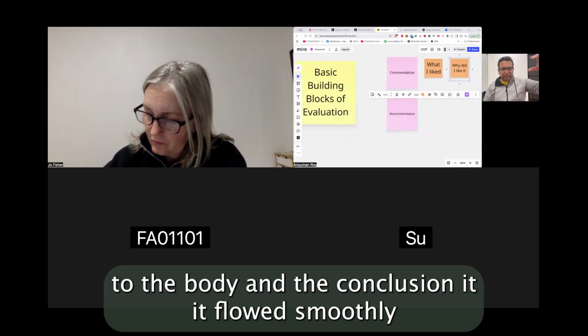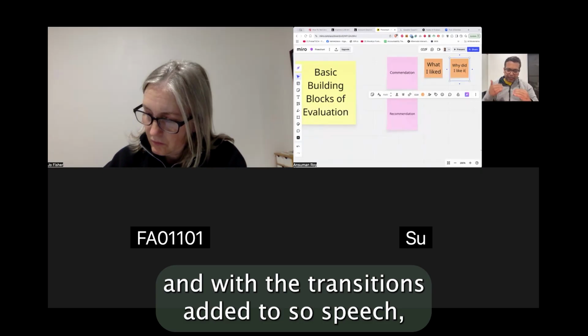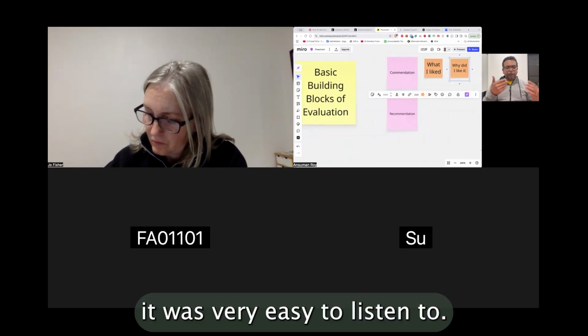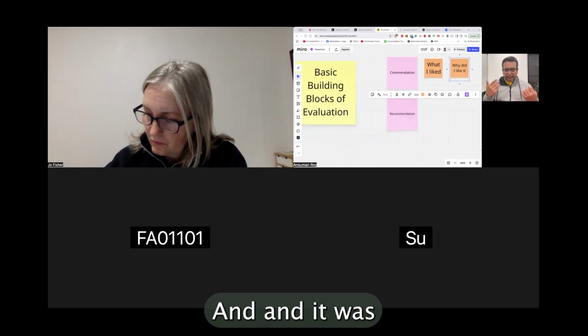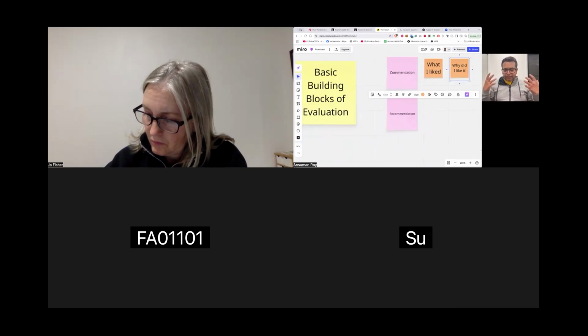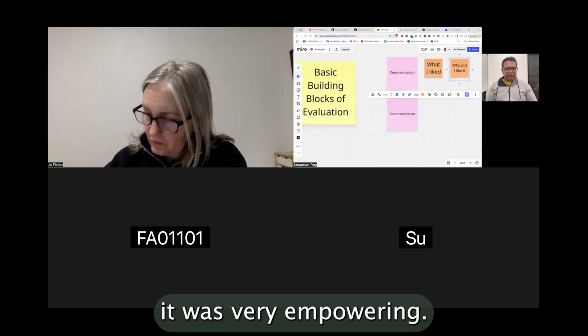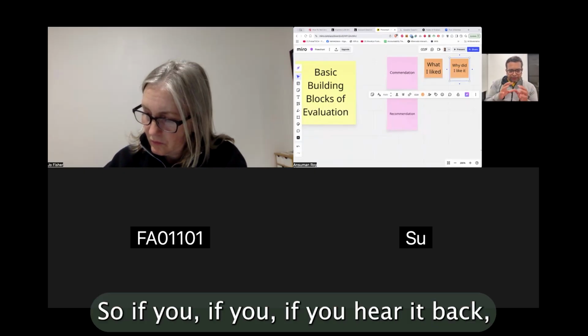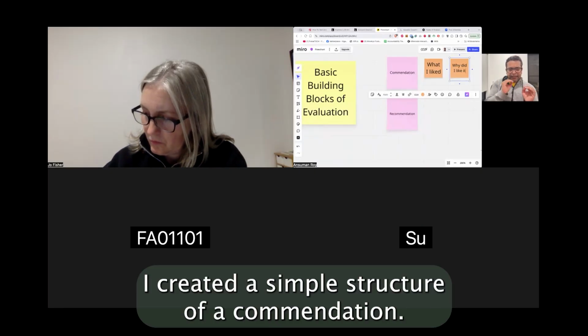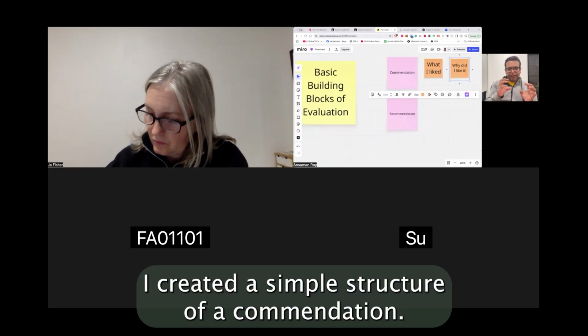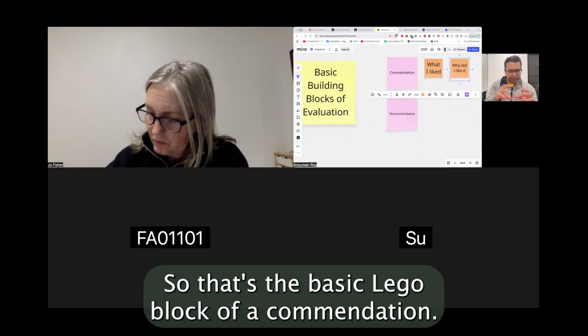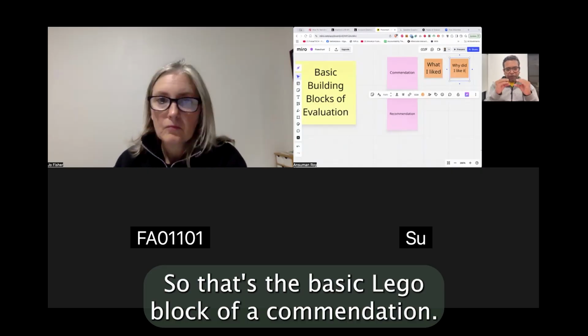It flowed smoothly, and with the transitions added to Sue's speech, it was very easy to listen to, and it was very empowering. So if you hear it back, I created a simple structure of a commendation. That's the basic Lego block of a commendation.